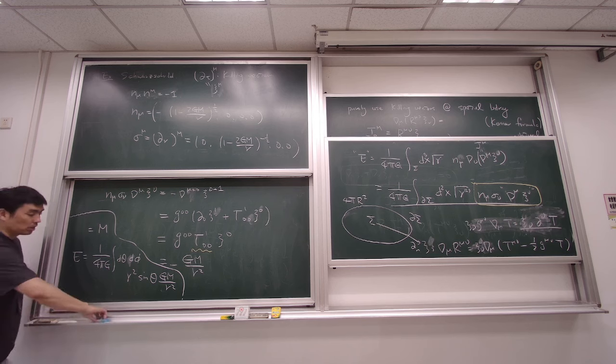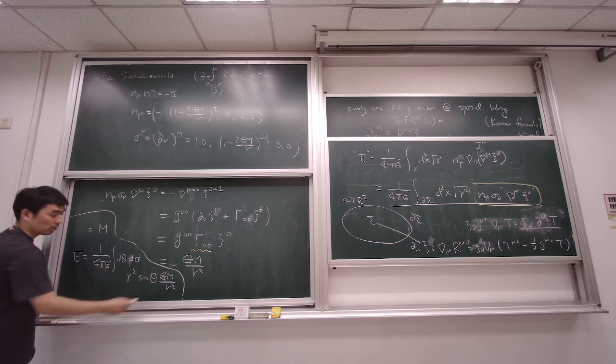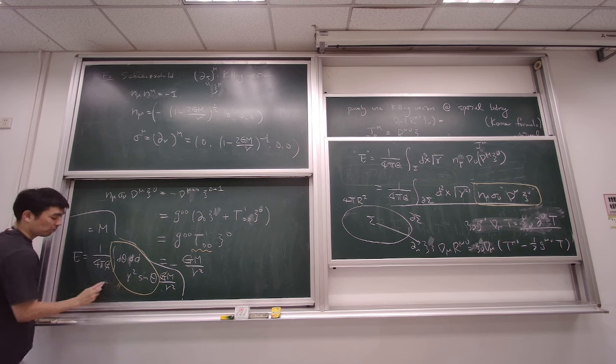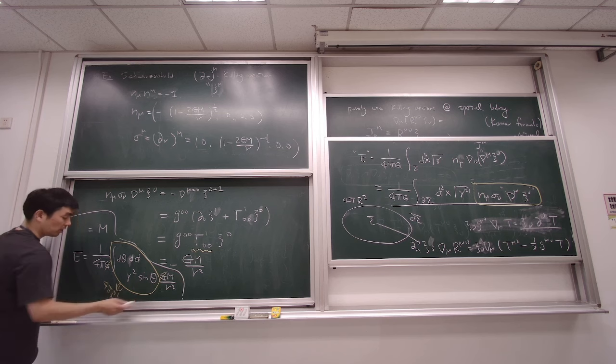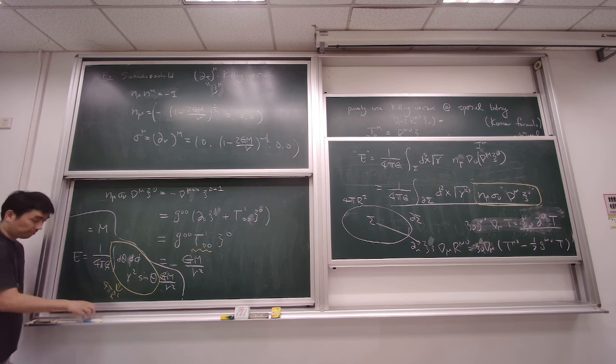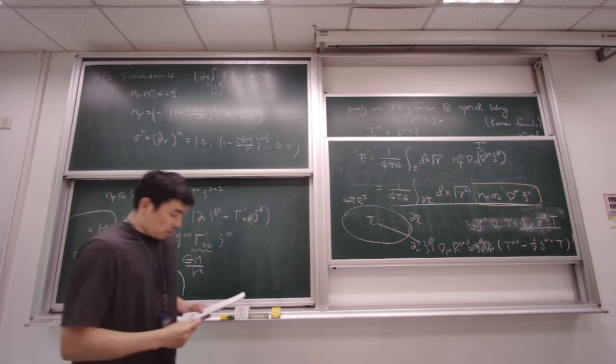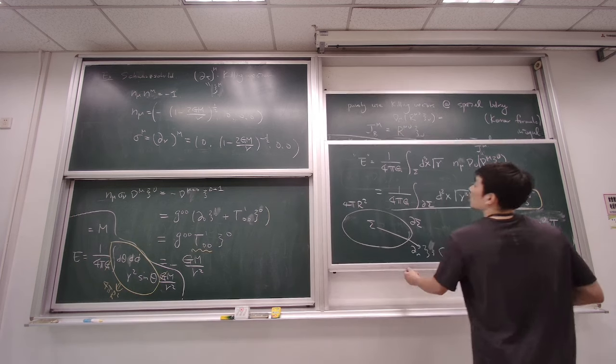So this one cancels and this one cancels, and if you integrate over this one, it will give you 4 pi r squared, and this r squared cancels with this, and then you get m. So that's the derivation.